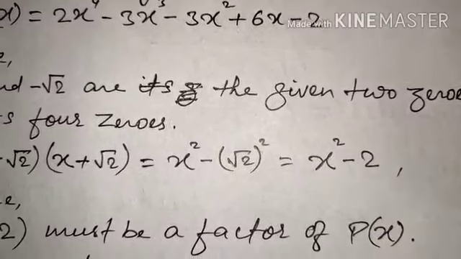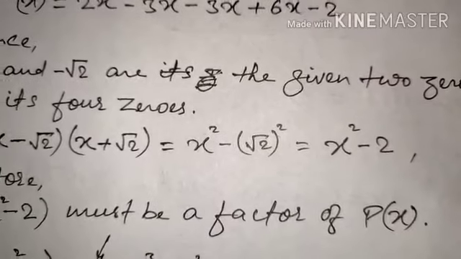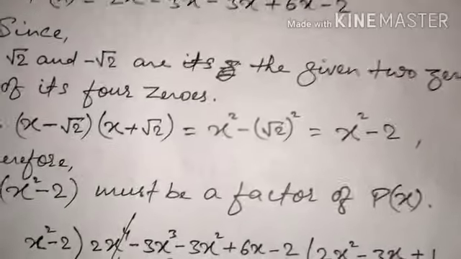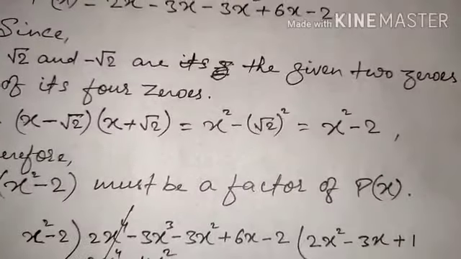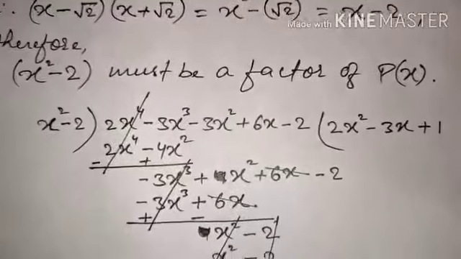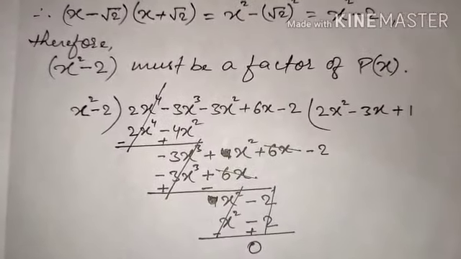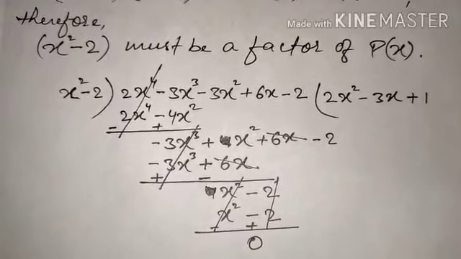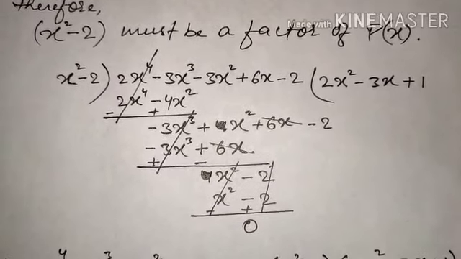Like that only I have done over here also. You can say that we are using the fundamental theorem of mathematics here. Now moving on. Therefore x square minus 2 must be a factor of p(x). So we are sure that x square minus 2 is a factor of p(x).